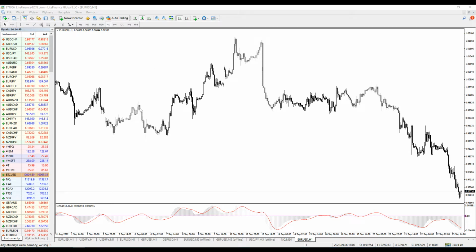All right. So I'm going to show you quite a few things. When it comes to the MACD, there are many different signals, right? It could be the signal line crossing the zero line, right? It could be the three line crossing the signal line, right?